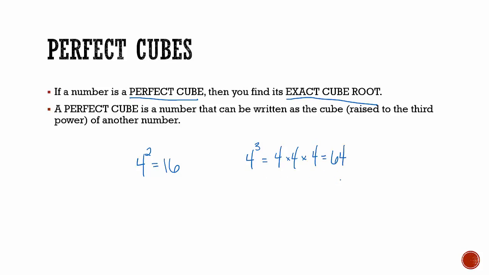So 4 cubed is 64. By that same logic, and it gets a little extra notation here, if we had the cube root of 64, this is the same thing as saying the cube root of 4 times 4 times 4, which is just 4.